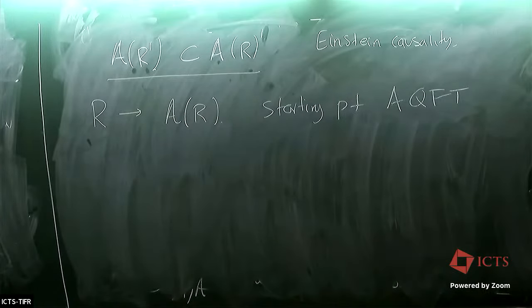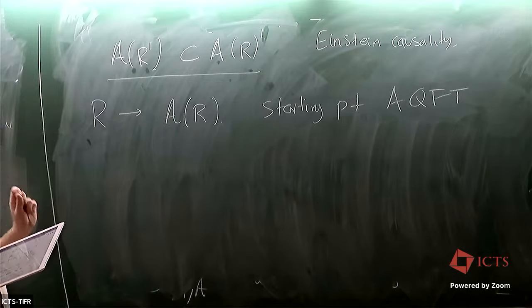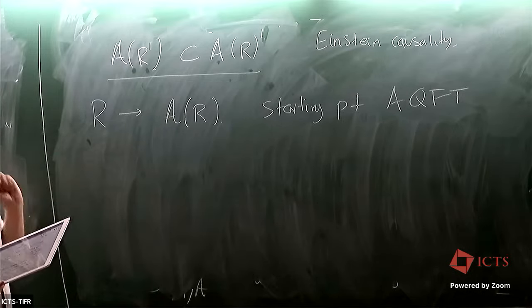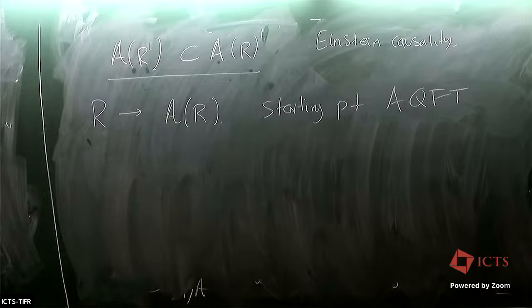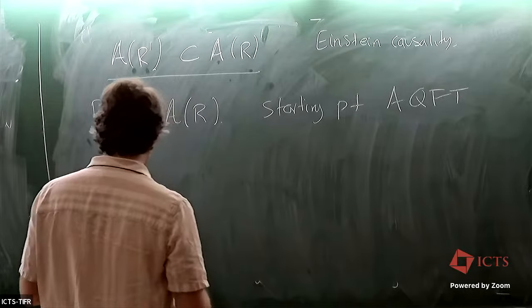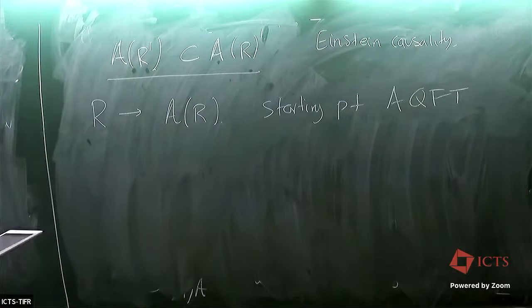And so all the operators that commute with A of R are outside. Well, there are some situations, and I'll mention them, but not yet. Okay. And you're correct. So I'll come to that.